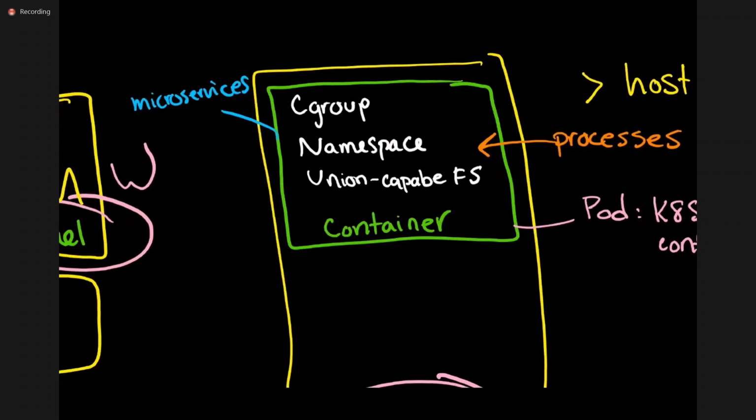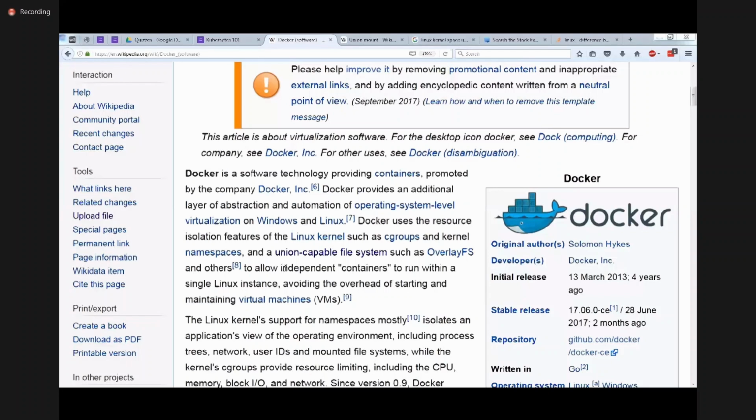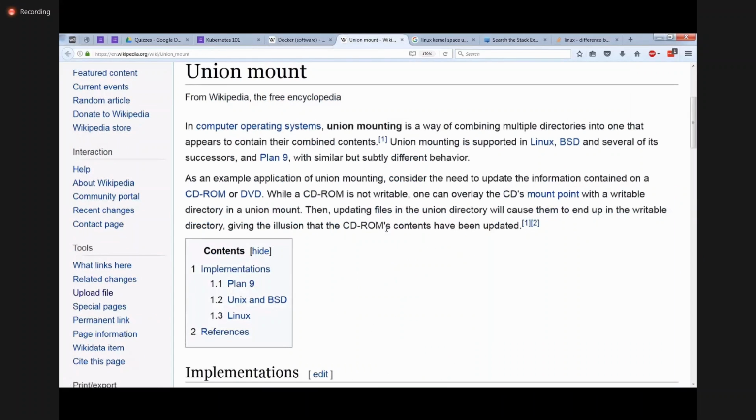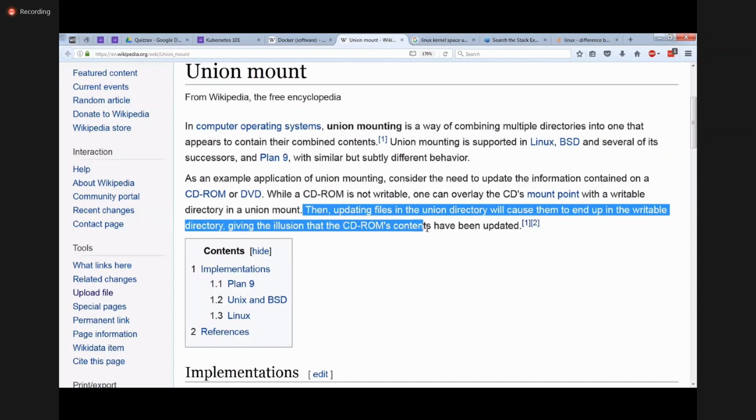But for UFS, we need to look at the union-capable file system, which is a way of combining multiple directories into one. So for example, if you have a CD-ROM, which is obviously not writable, you can combine it with another directory and provide what appears to be, or the illusion of, writing to a unified single directory.